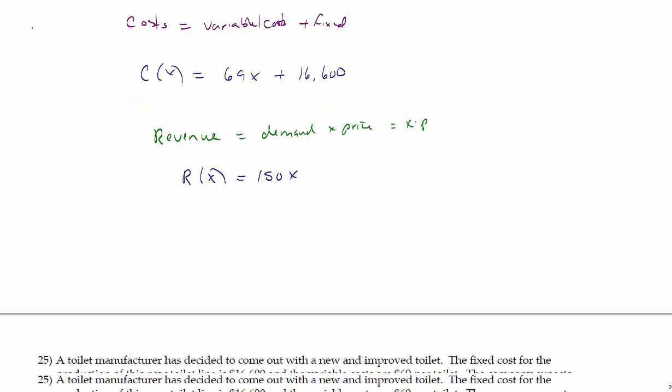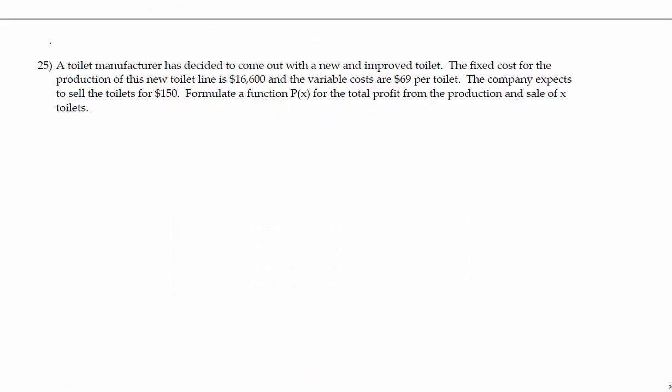Now the next question, number 25, same numbers, but this time they're asking us to write a profit function. So profit is going to be all the money that you're bringing in minus your expenses. So you should think of that as revenue minus cost. We already wrote the functions above, so I'm going to go ahead and just rewrite them here.